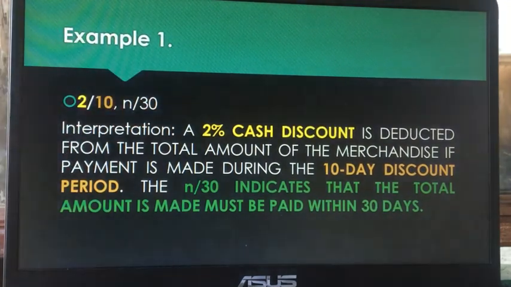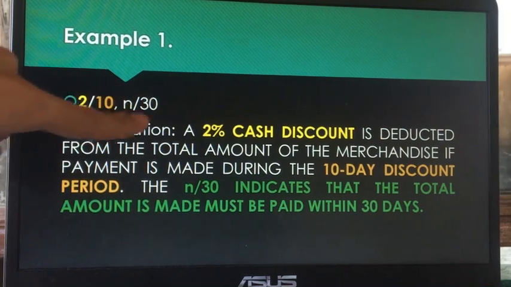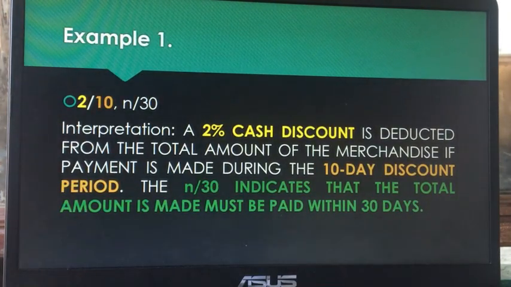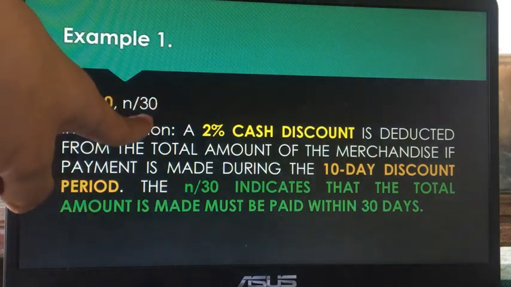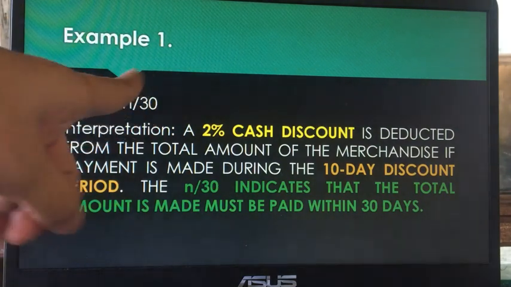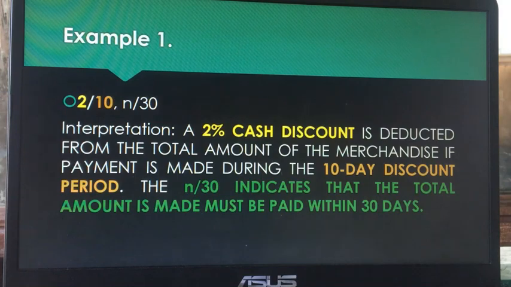If you encounter N/30, if you encounter N as your numerator, meaning no cash discount. No cash discount is given to you. Okay? So the 30 here indicates that the total amount must be paid within 30 days. So the overdue date is from January 1 plus 30 days, because it indicates the overdue days.